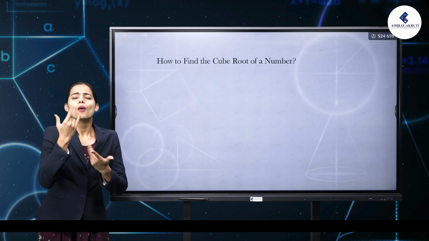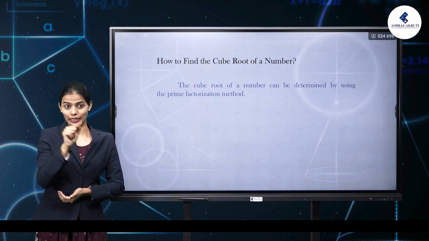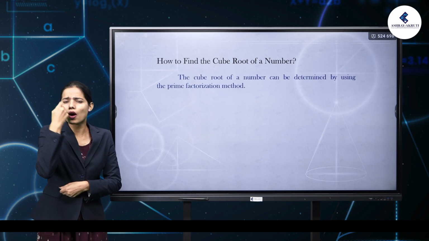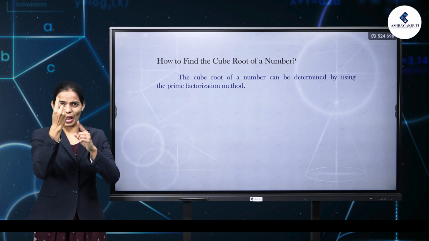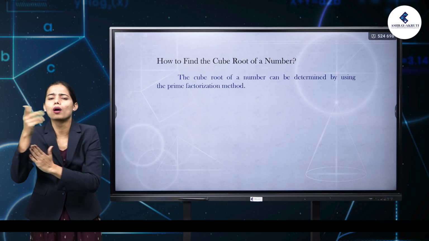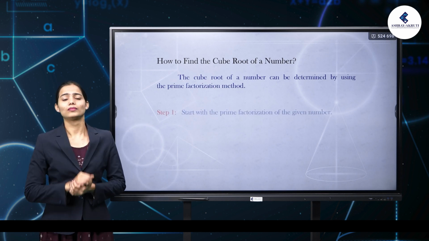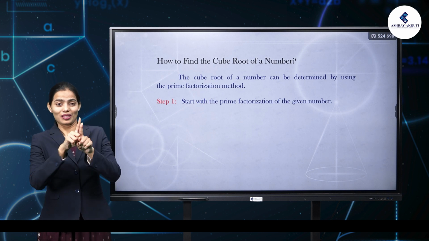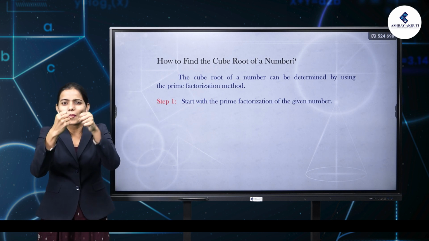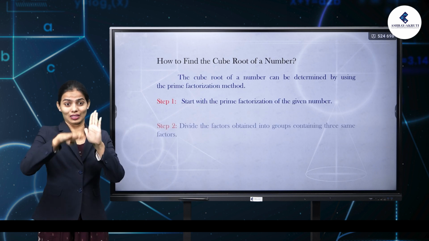How to find the cube root of a number? The cube root of a number can be determined by using the prime factorization method. Step 1. Start with the prime factorization of the given number. Step 2.